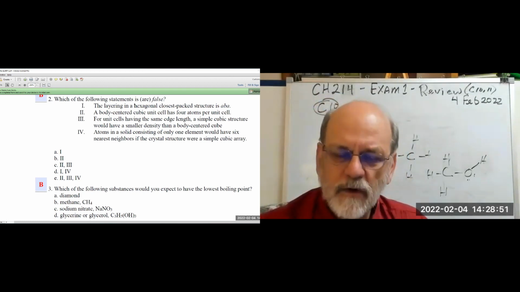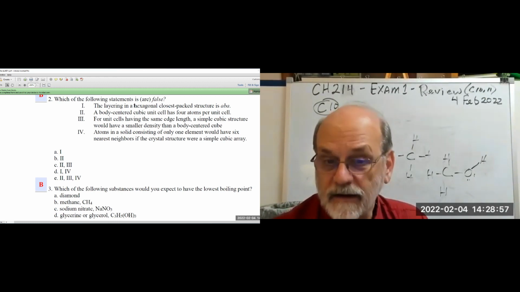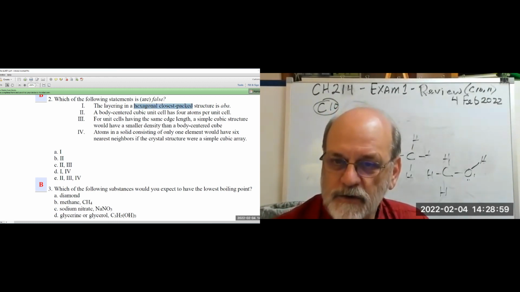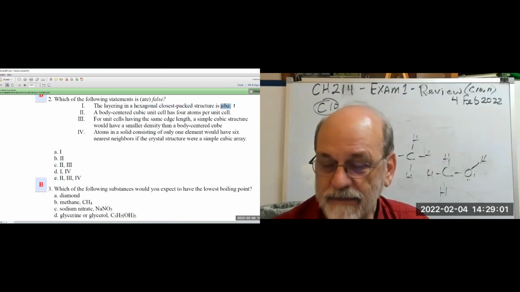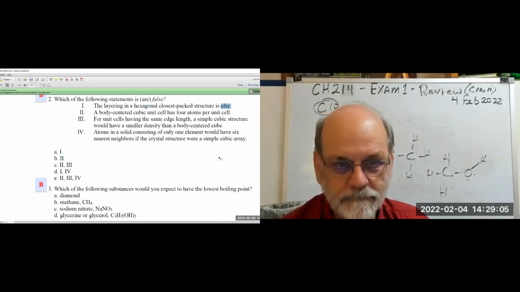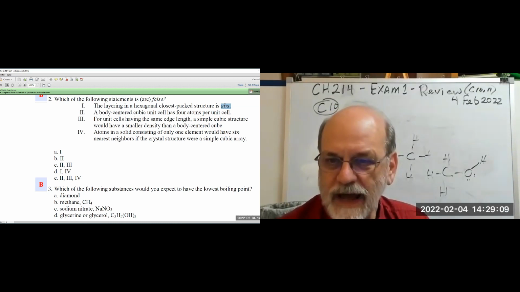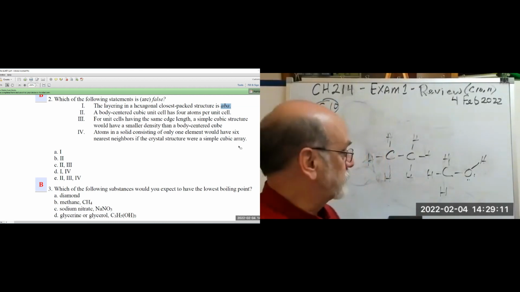When we were introduced to this topic, there was a correlation, actually an identity, drawn between hexagonal closest packing and ABA, and they are the same. So that's just memory. A body-centered cubic unit cell has 4 atoms per unit cell. You can derive this one.